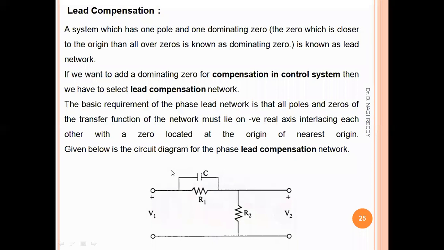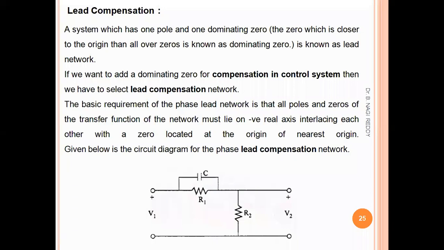In the previous video, we discussed that the most used electrical compensator is the RC filter circuit. So here you can see this is the lead network. In this lead network, we have used an RC combination. We will use the same for other compensators also.